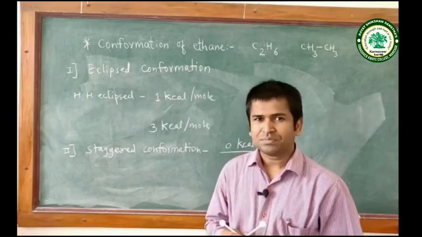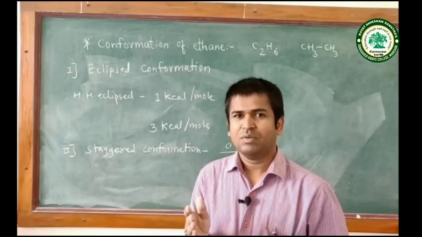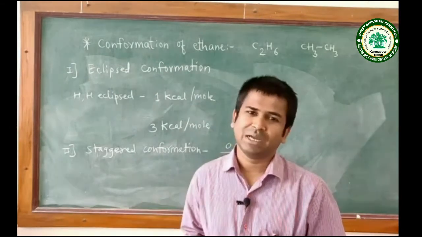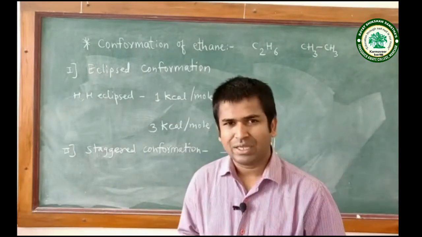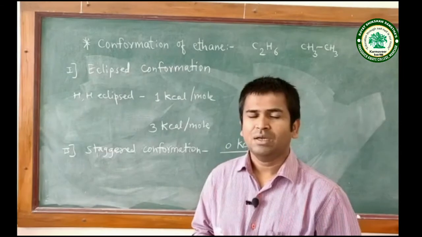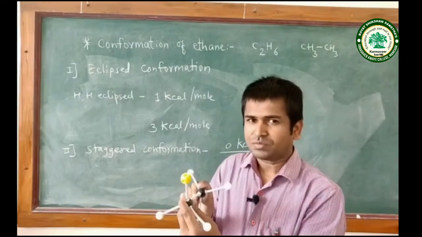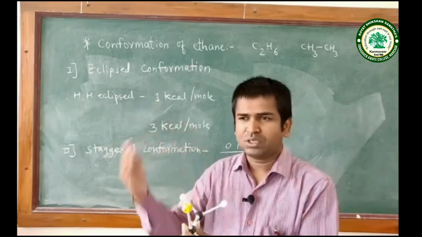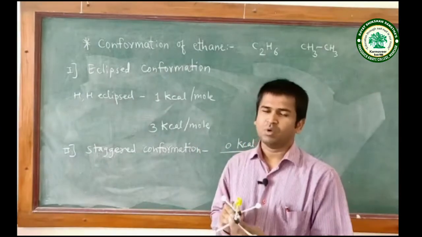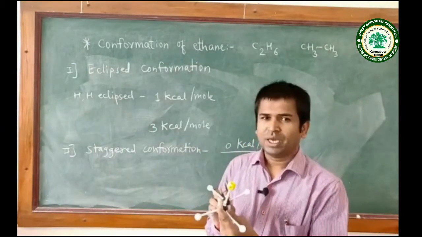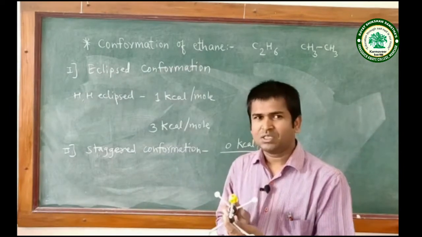At room temperature, we cannot isolate the eclipse conformation and staggered conformation, because the energy at room temperature is 20 kilocalorie per mole, while the energy required for rotation along C1 C2 bond for converting eclipse into staggered and staggered into eclipse is 3 kilocalorie per mole. So we cannot isolate the conformations.